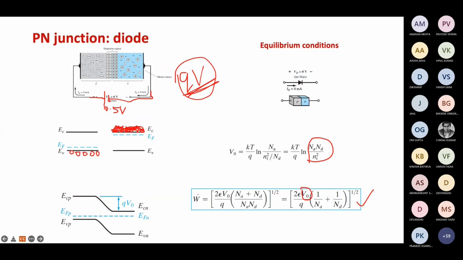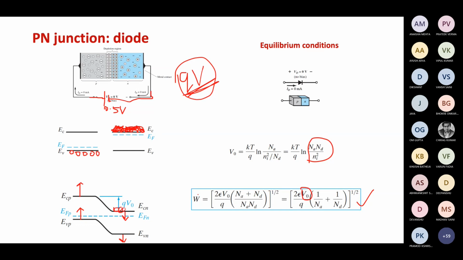If we keep on pulling this up, let's say this side, and if we keep on pulling this down, what happens when the large reverse bias is applied? Any comment what would happen?